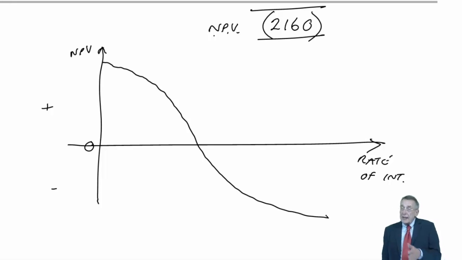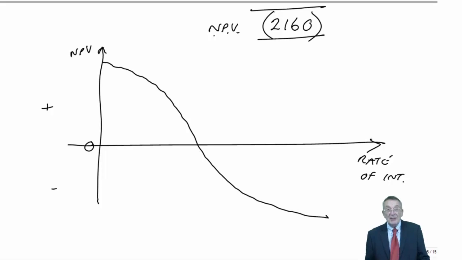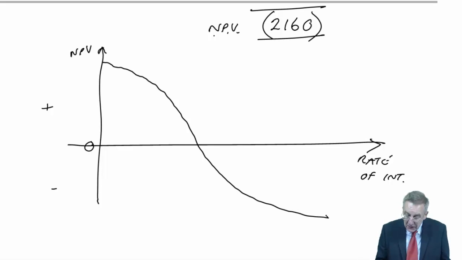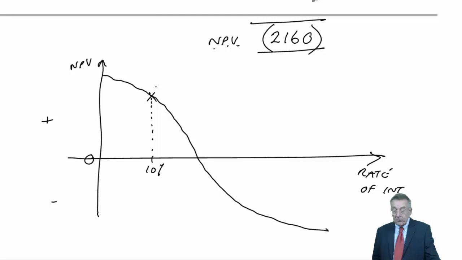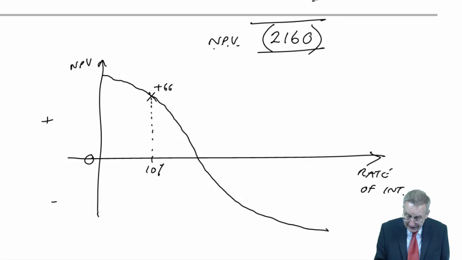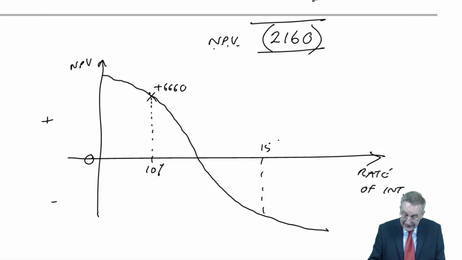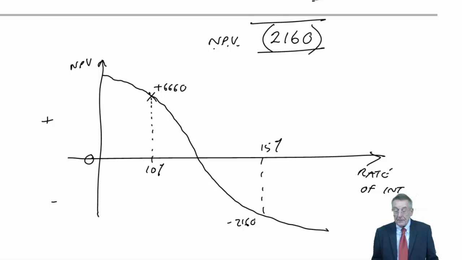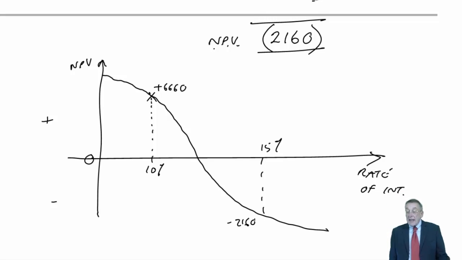If you don't believe me, then there's something for you to do after you finish this lecture. Do a whole series. We've only done 2. We did it at 10%, and we got plus 6,660, I think. I also did it at 15, and we got minus 2,160. But again, if you did do a whole series of them, you would find you got a graph something like that.